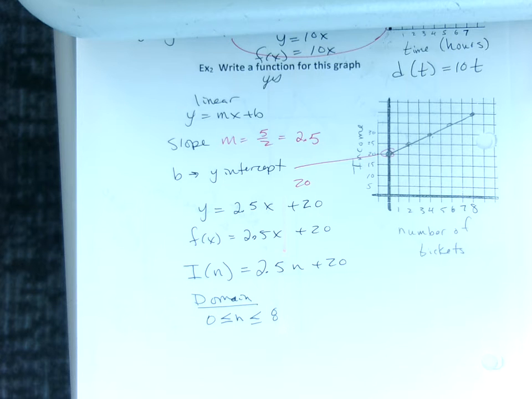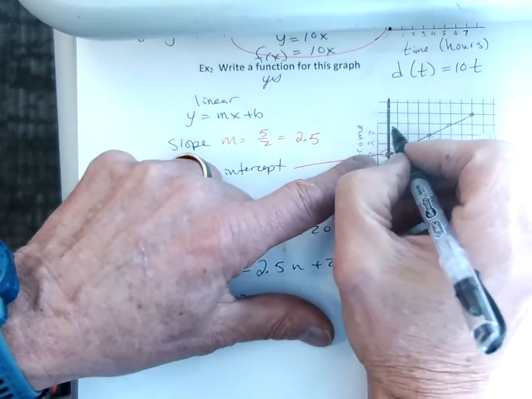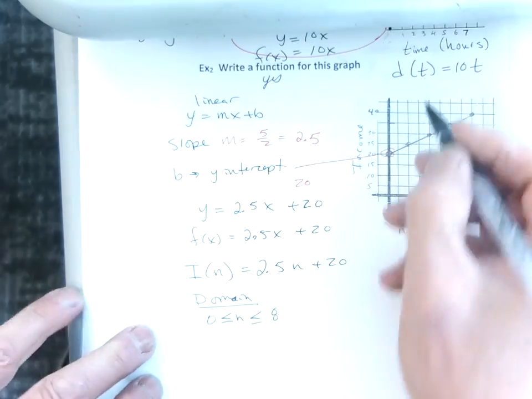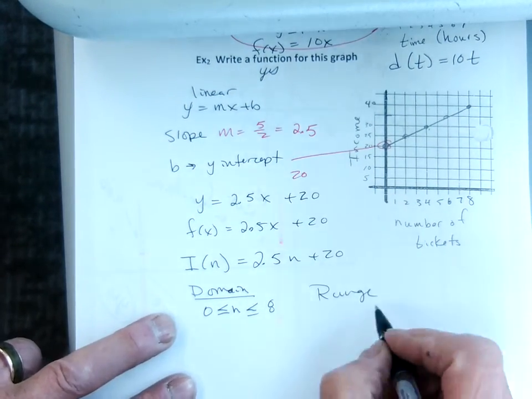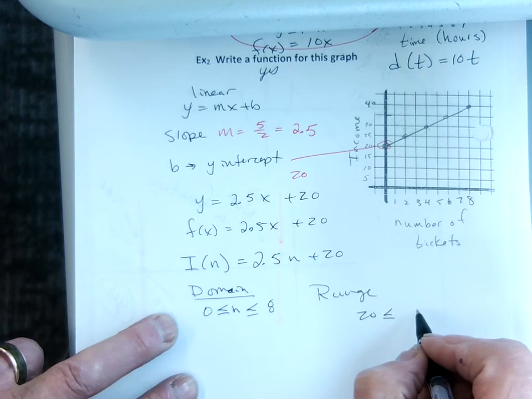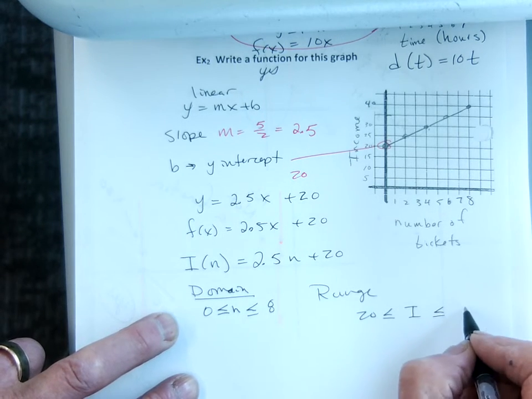So in context of this problem, it tells me that I only sold 8 tickets, right? That's it. So it wasn't a very good fundraiser. We only sold 8 tickets. I mean, why even bother? But according to this problem, we sold 8 tickets. That was it. And we made a total income of, now let's see. Is it 40? 30, 35, 40. Okay. So our range, what's our range? 20 is less than or equal to income, which is less than or equal to 40.